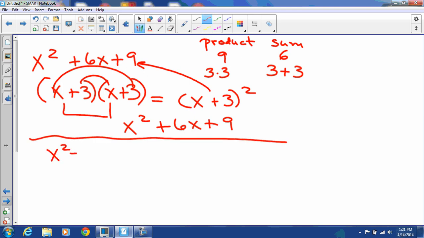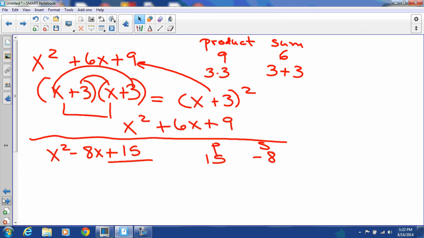X squared minus 8x plus 15. This time my middle term is negative, but I can still look for the product and the sum. I'm looking for two numbers whose product is 15 and whose sum is negative 8. If my last term is positive, giving me a positive 15, and my middle term is negative, or negative 8, I know that my two numbers must both be negative.